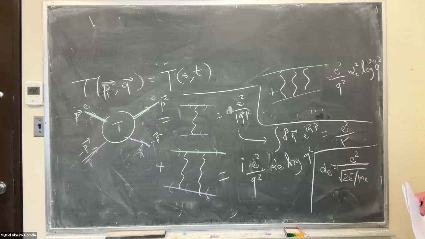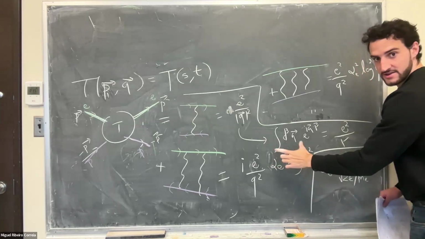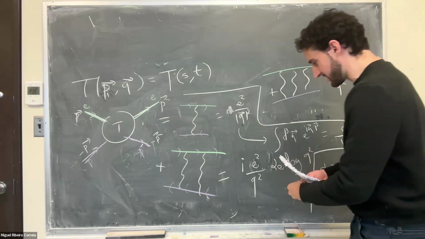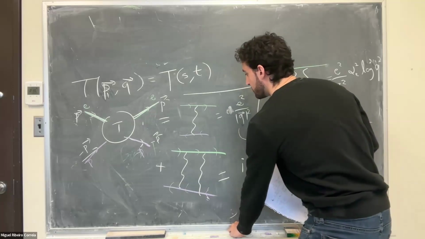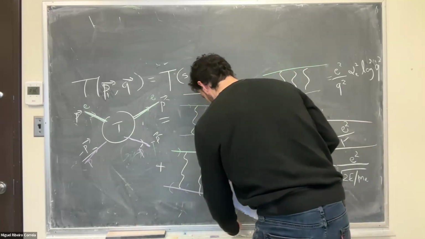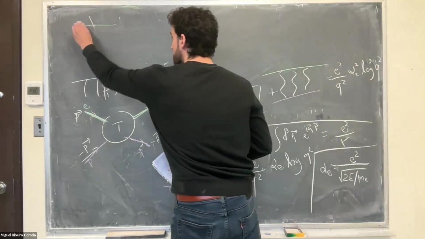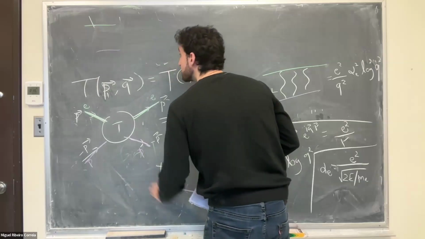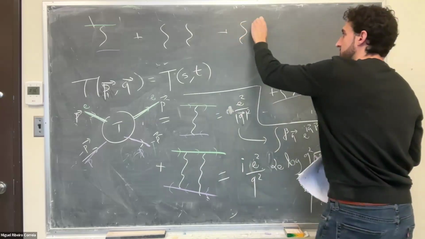You basically get more powers of this combination: alpha squared log squared, alpha cubed log cubed. All the diagrams become these type of ladder diagrams. So the full amplitude will be a sum of all of these ladder diagrams: this plus a similar one plus a similar one.